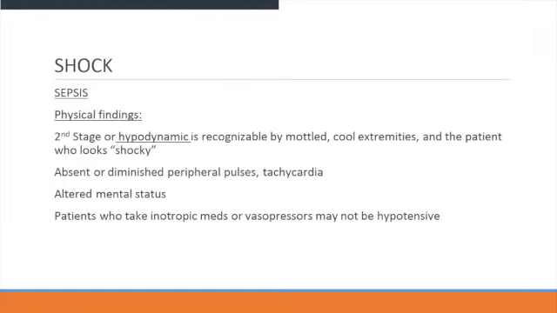Their skin is going to be pale to yellowish in color. Very slow pupil response. They may even be hypothermic because their body's vasodilation has gotten so bad that they're not able to maintain their body heat anymore. Patients may even have absent or diminished pulses. They may even be tachycardic.